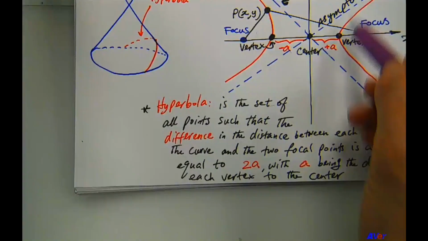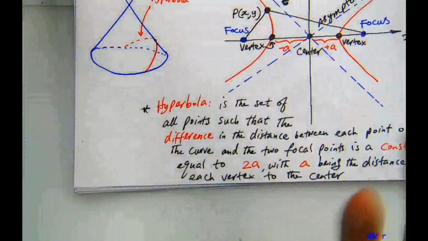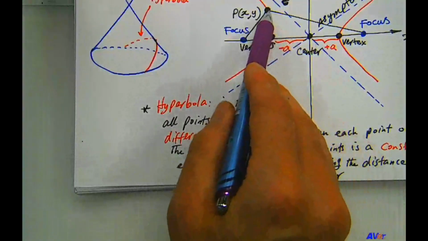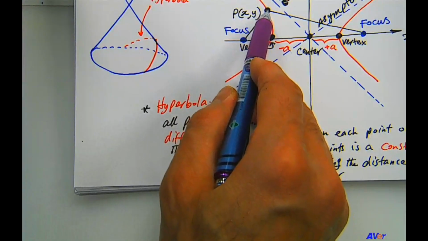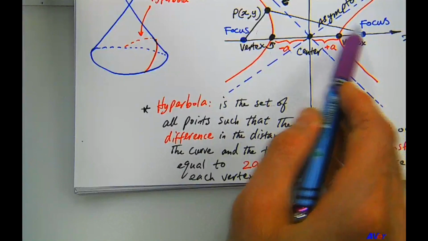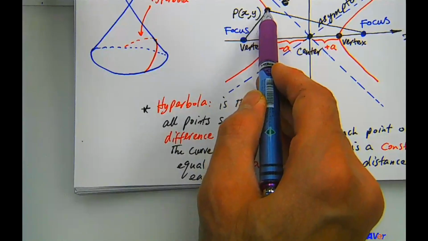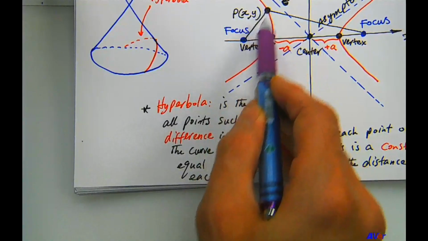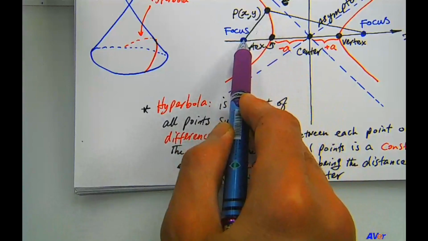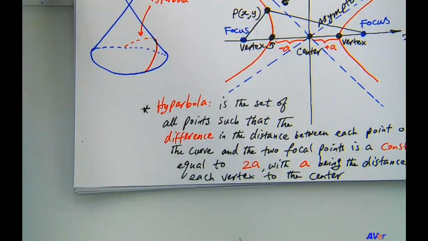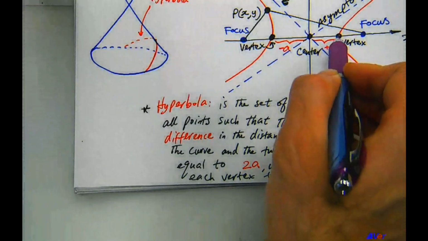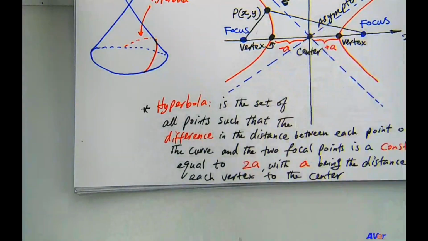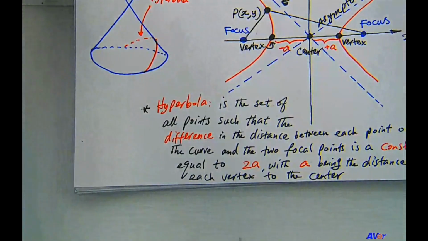Okay, so these two curves define all such points such that if you take the distance between that point and this focus, and subtract from it the distance from that point to this focus, it's always equal to a constant, and that constant is equal to twice the length of the distance between the vertex and the center of the hyperbola.